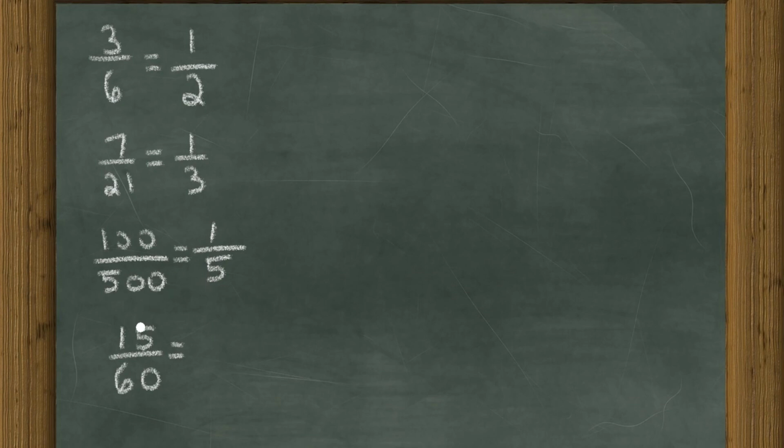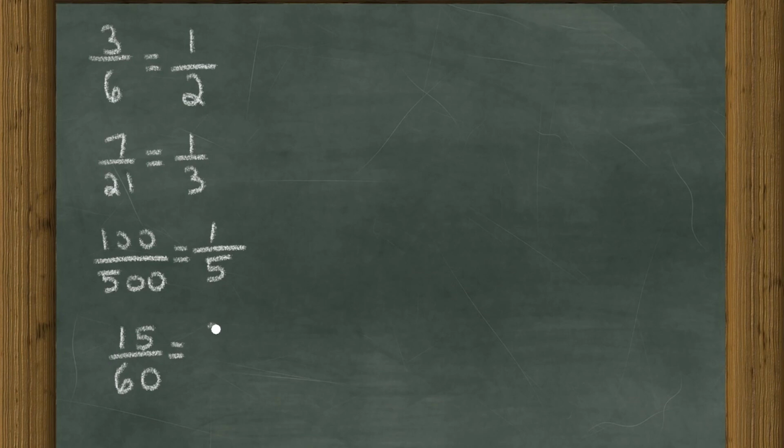So now let's look at 15 divided by 60, and we're going to do this one in 2 steps. Let's say, for example, you didn't know that 15 was the greatest common factor, but you knew that 5 was a factor that the numerator and the denominator shared. So first, let's divide the numerator and denominator by 5.